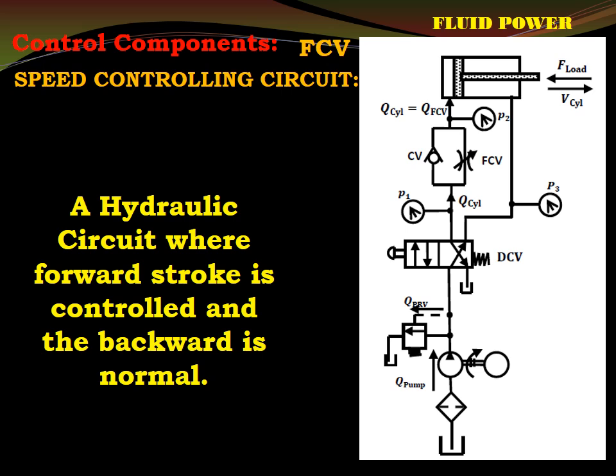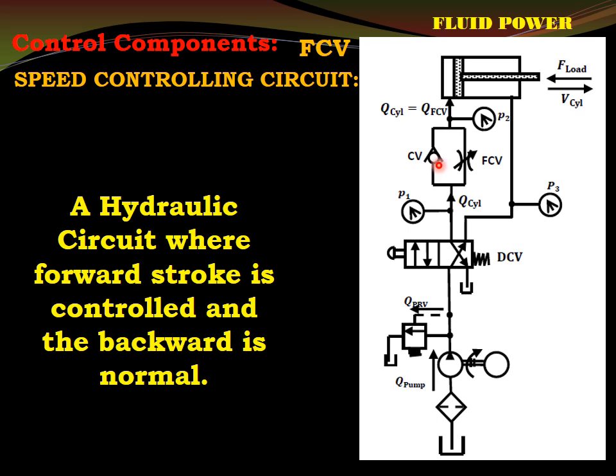Understood? Now look over here. What about the retraction stroke? Consider this envelope is in action, as it is being shown here. Flow will take place through this, will enter here, and it will push the piston towards left, while from the blank side it will come out. But now see here, the check valve is in free flow direction.